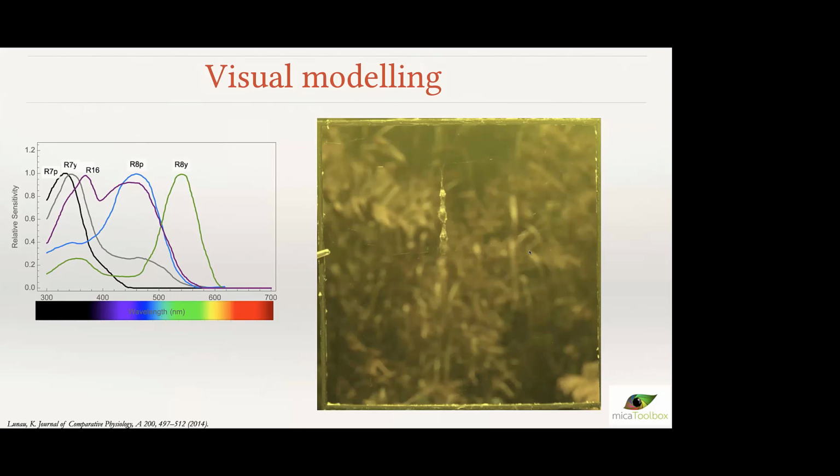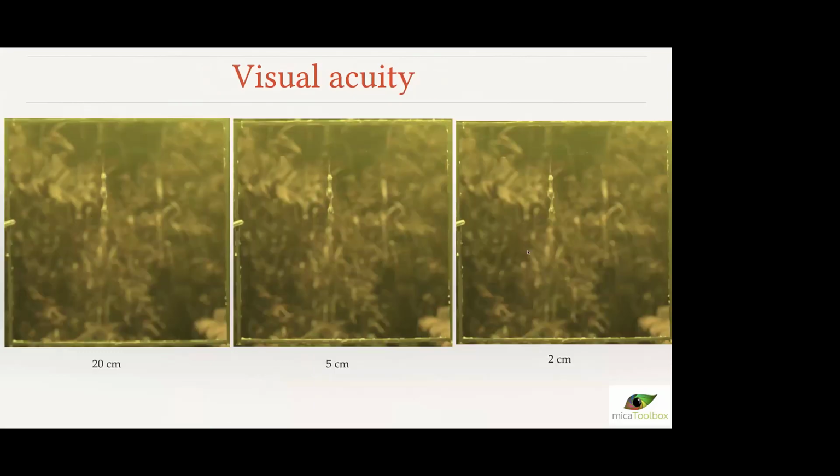And you can still make out edges of the parts of the web in this image. However, if you take into account visual acuity at different distances, you can see differences. All these 3 images probably look the same to you on the Zoom presentation, but there are differences. At 20 centimeters away, the details are very blurry. You can still see the X-axis. The spider is not present in these photographs.